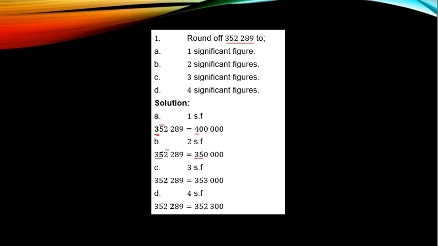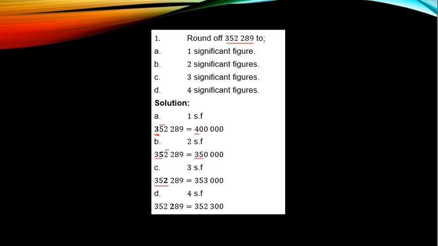The meaning is in 2SF, all we want is two non-zero numbers, that is 3 and 5, while every other digit turns to 0. So you have 350,000.